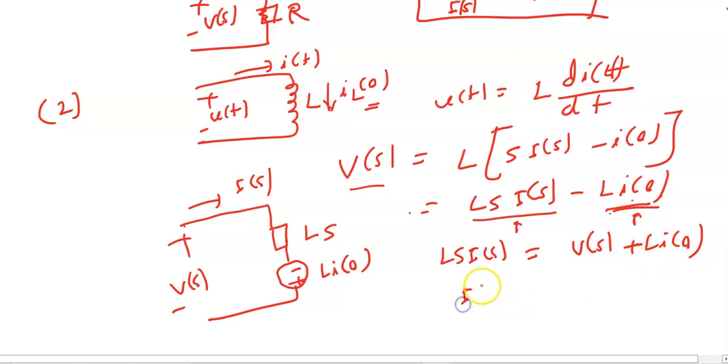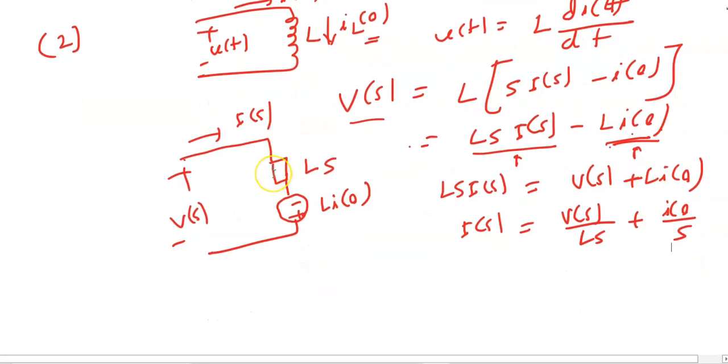So I(S) is equal to V(S) upon LS plus I0 upon S. This I0 upon S is the current transform, the transform of the current due to the initial current, while L I0 is the transform of the voltage due to the initial current.